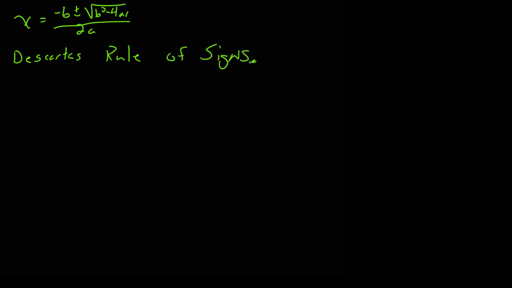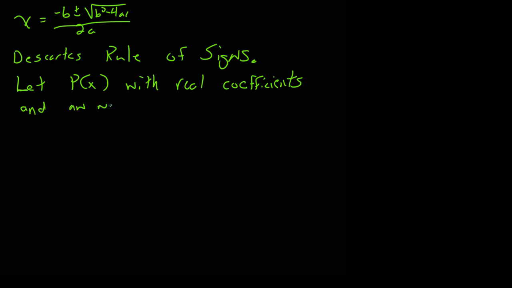And Descartes, the guy who made the Cartesian plane, he said, hey, let's talk about a polynomial, p of x, with real coefficients and a non-zero constant. And this is important. We'll show that in a second here.